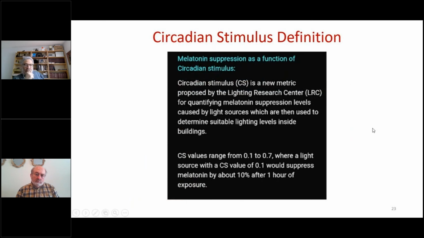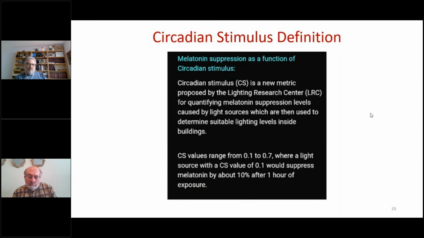Now, circadian stimulus definition. These are all parameters to do with human-centric lighting. One factor that is very much of concern is the suppression of melatonin by blue light, and that is not very good. That's why scientists don't recommend people look at their cell phone before sleep, because the blue light coming from their cell phones would suppress the melatonin, and then they can't fall asleep.